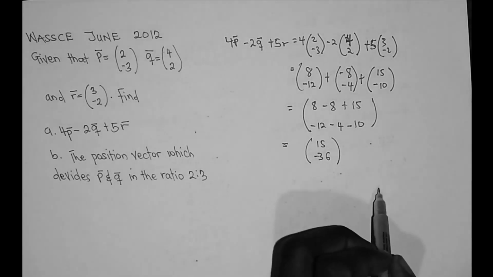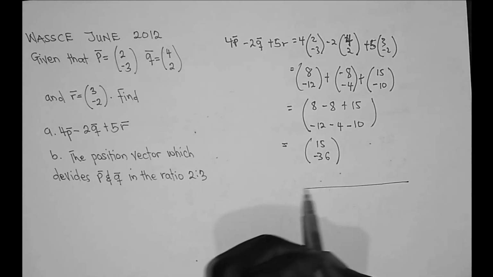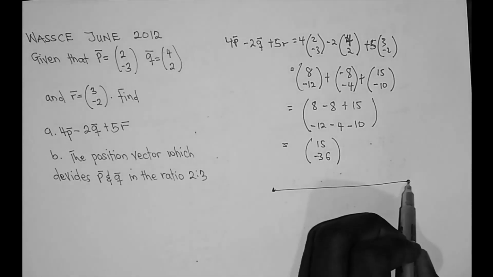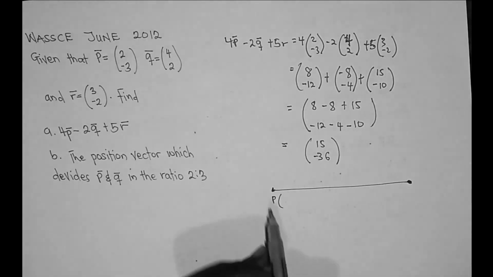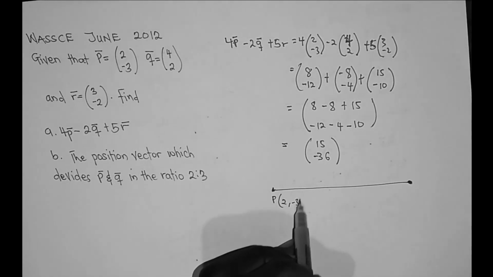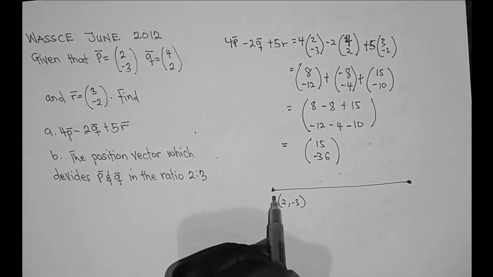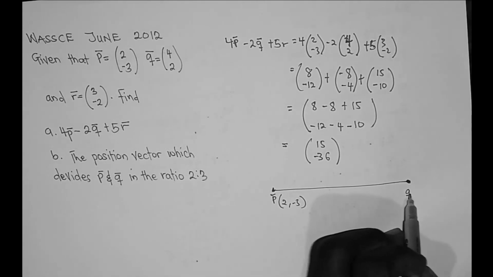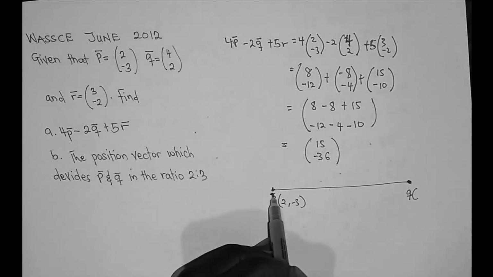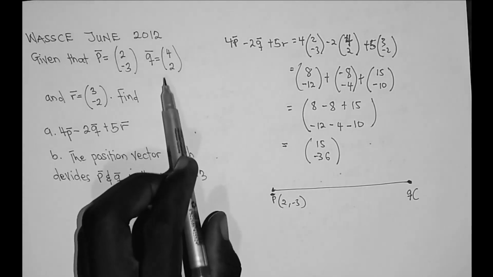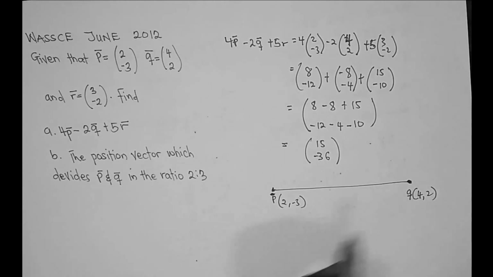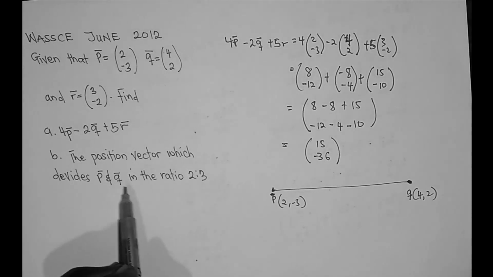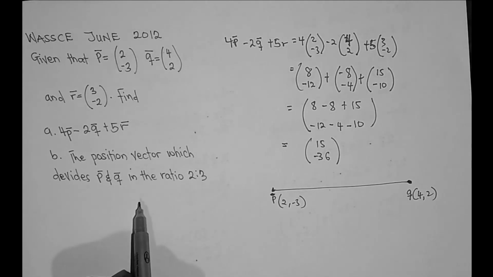The second part of the question says the position vector which divides p and q in the ratio 2:3. So let me draw it here. Let's assume this is the point P, and P is the vector (2, minus 3), and then Q is the vector (4, 2), which is coordinate (4, 2). So it says that we should find the position vector.